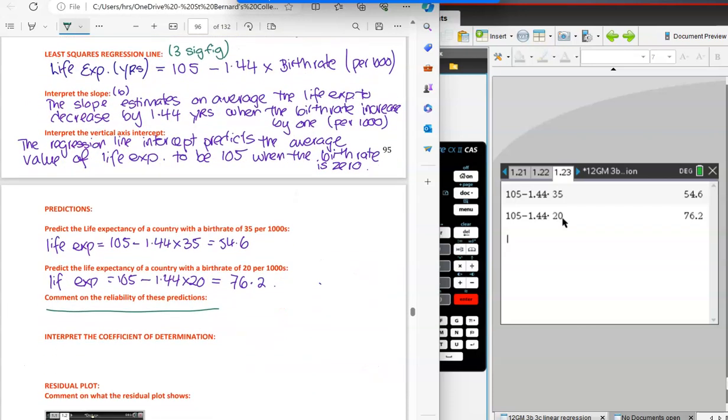So if you look at this one, 35, this is interpolation and therefore reliable. And this one, because it's 20, the 20 is outside. It's smaller than our smallest. So that's extrapolation, and it's not reliable because we don't really know. We haven't really tested it in that area.